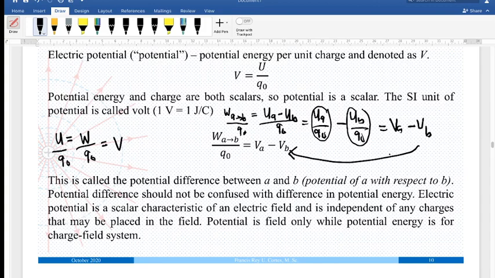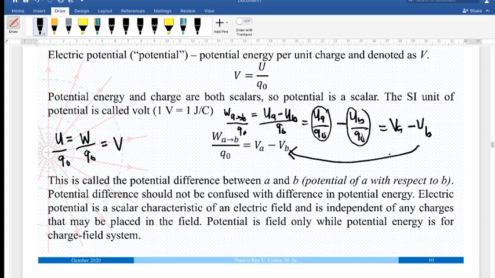For example, the electric field, which is an intrinsic property of the source charge, exists on its own. But if I place another test charge, then it can exert a force, so an electric force is involved. It is the same with electric potential energy.